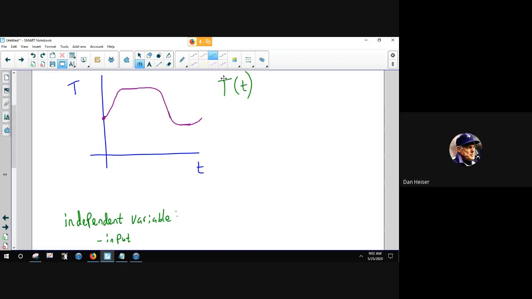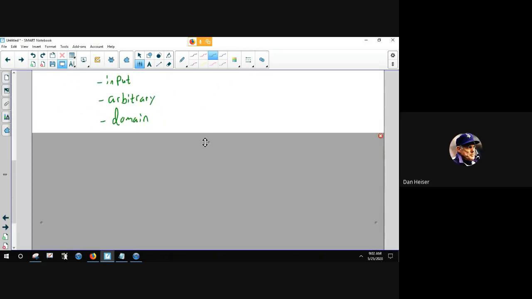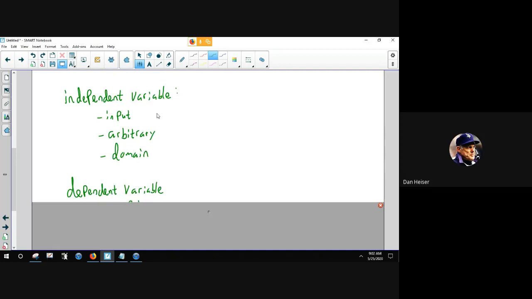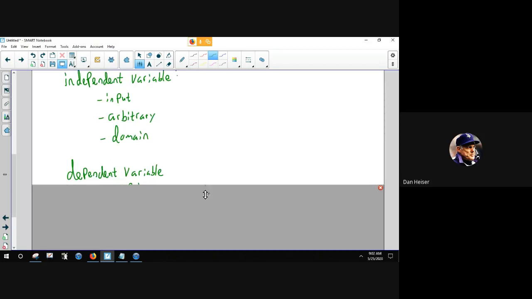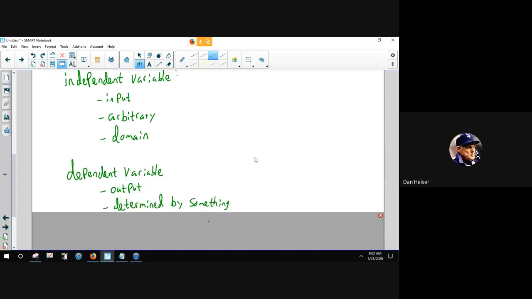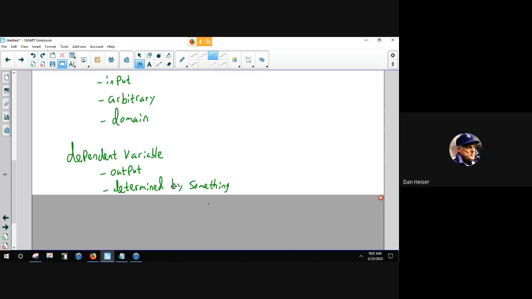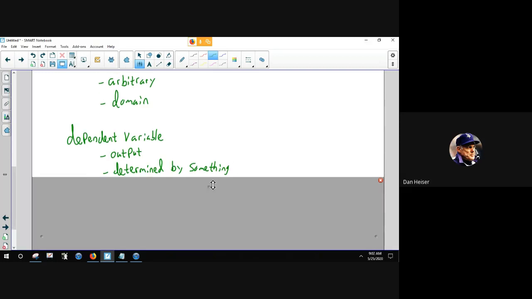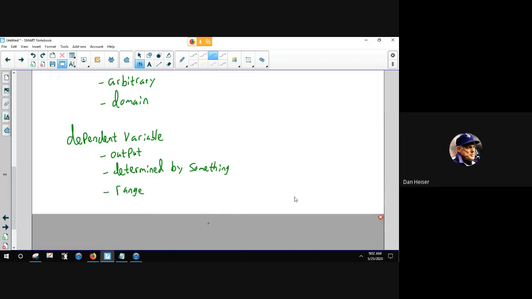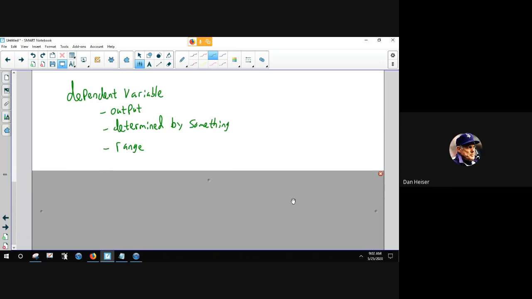Our dependent variable is our y value. If we have one variable independent, we have one variable dependent. This is our output. It's not arbitrary. It's determined by something. That's why it's dependent. And it's also our range. It will be our range.